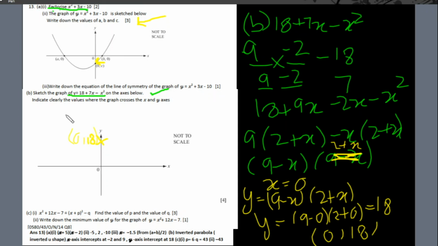Okay, next up we need to find the 2 points where the graph cuts the x-axis. So here again we'll substitute y equals 0 instead. So I'll do the rest of the working here.